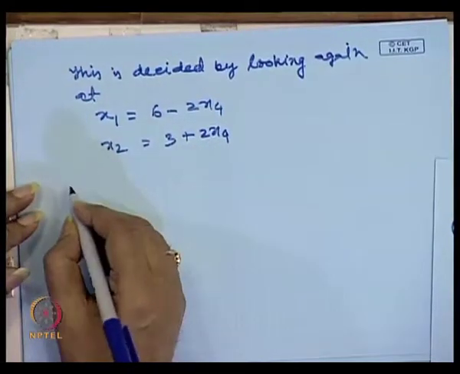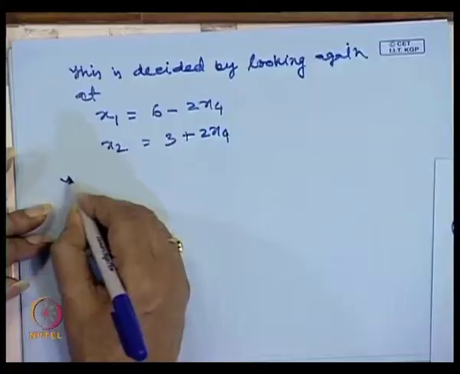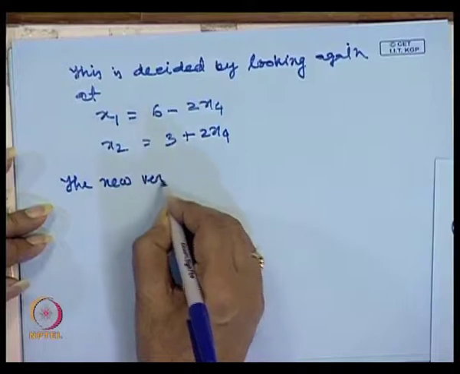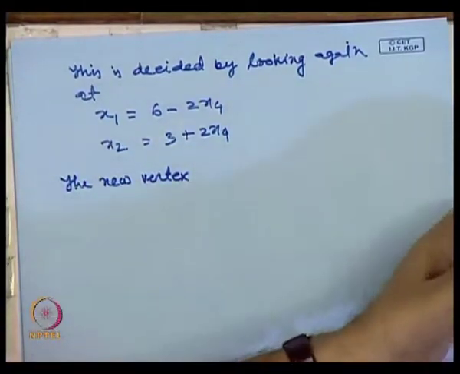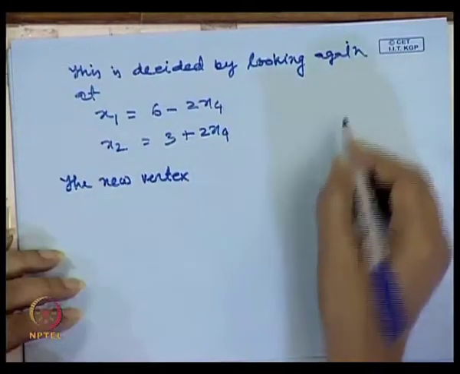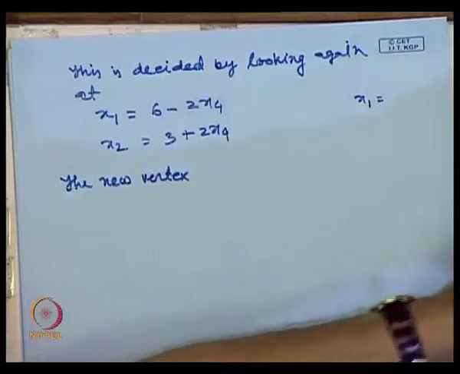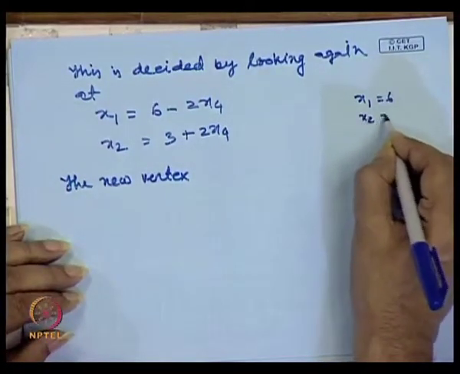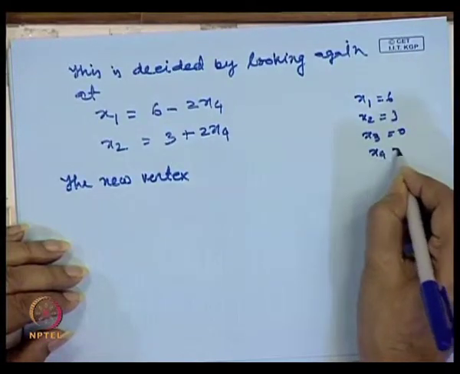So, our new vertex is coming. Previously, if you remember, we started with a vertex x1 is equal to 6, x2 is equal to 3, x3 is equal to 0, x4 is equal to 0.